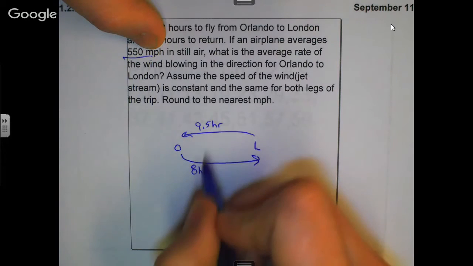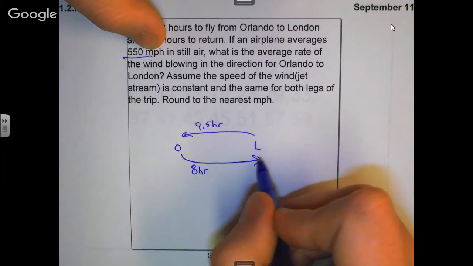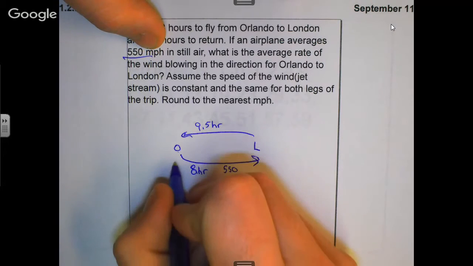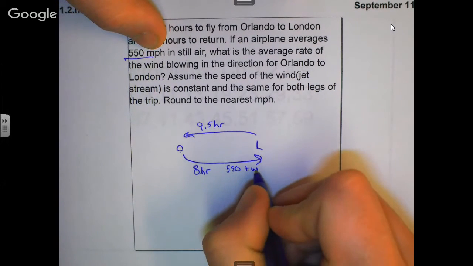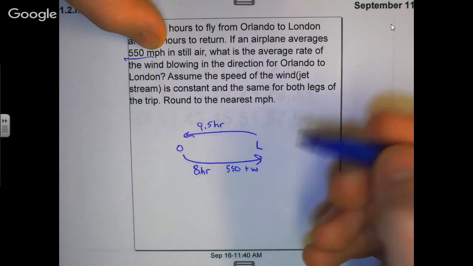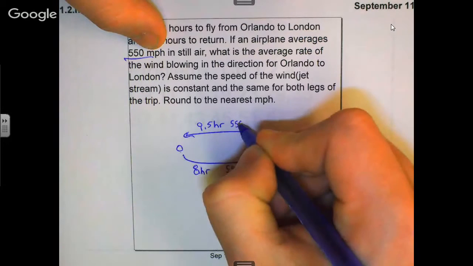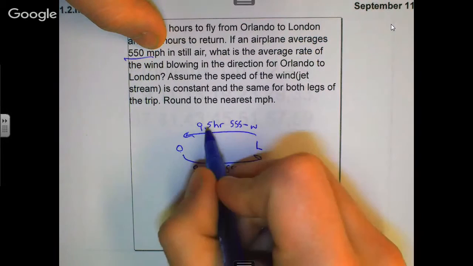Well, just looking at the times, I can see going there, I have to be going faster because it takes less time. So I start at 550, but because the air is pushing me faster, we add the wind speed in. Now on the return, it takes longer, so we'll do 550 minus the wind speed because it is pushing against me. It takes longer.